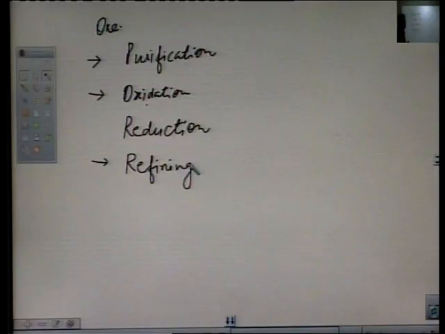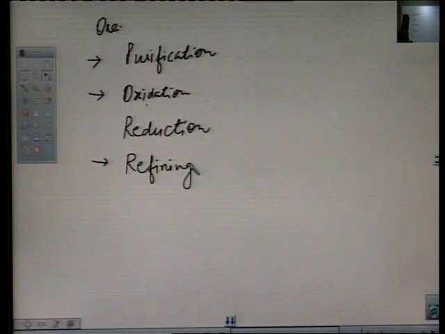So, the metallurgical operations involve these steps. First of all, the ore is purified, then oxidation and reduction take place, and then at last refining is done to get pure metal.